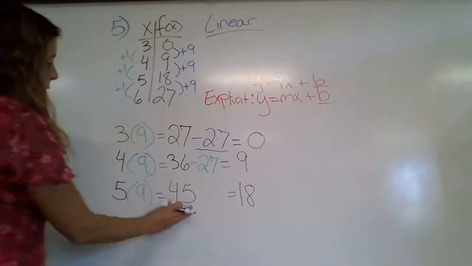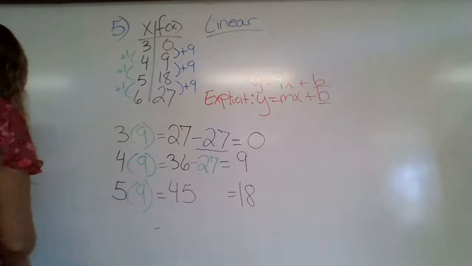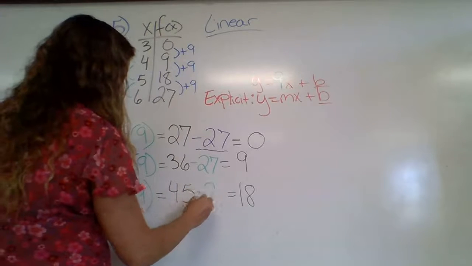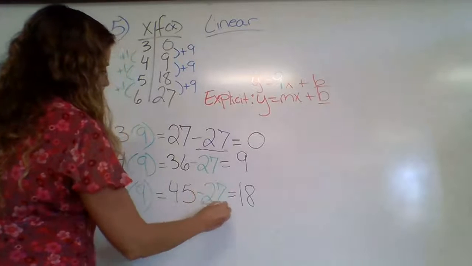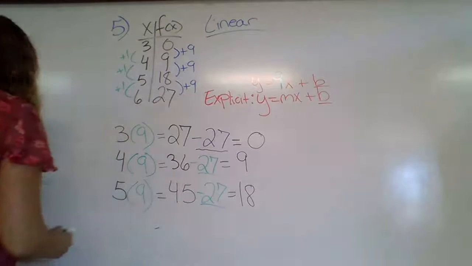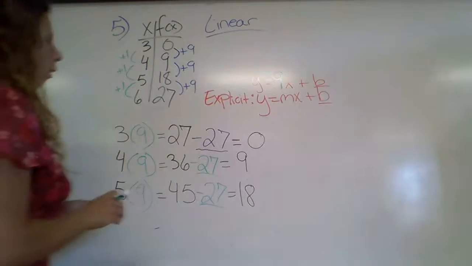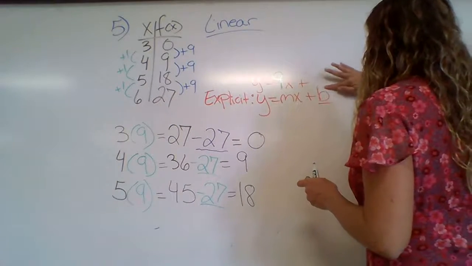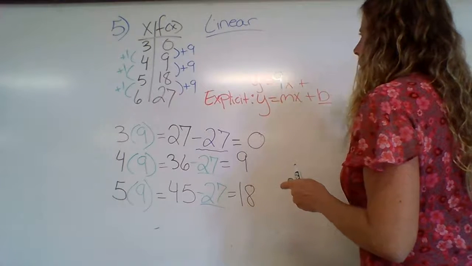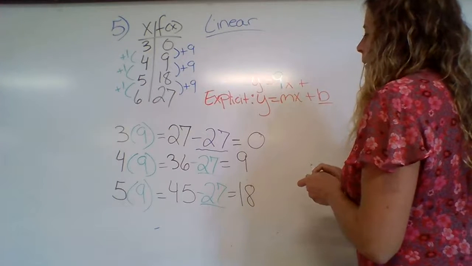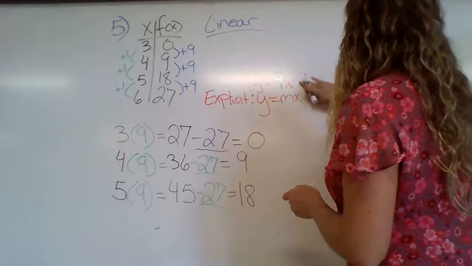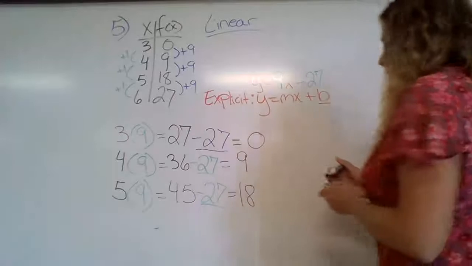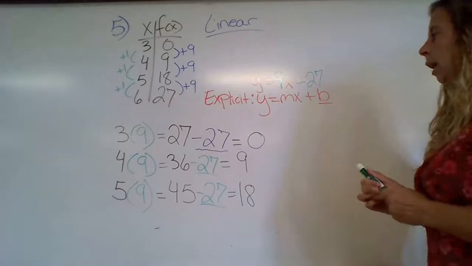Once again, we're going from 45 to 18, so we're going to subtract. 45 minus 27 equals 18. So that is, in fact, our magic number. So you can go ahead and fill that in your equation. And it's negative 27. So that would be your final answer.